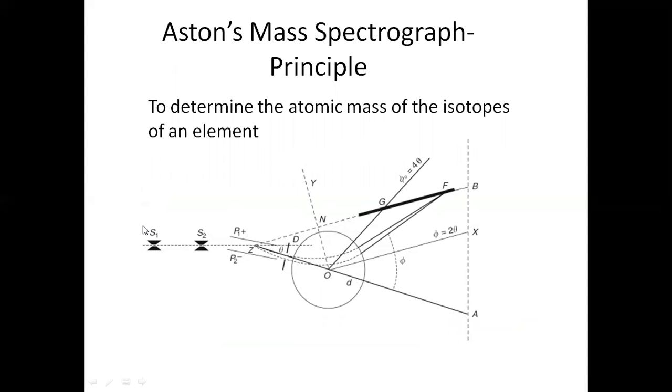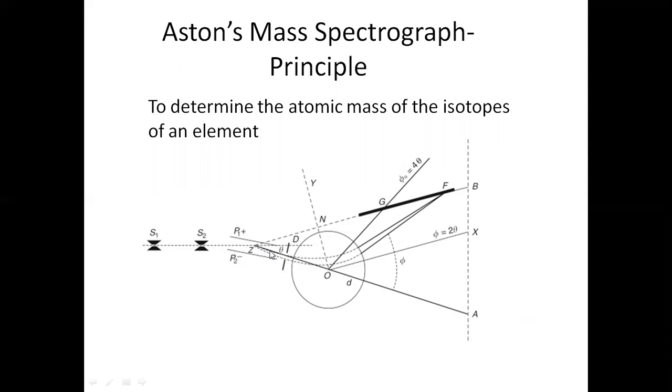You can see the diagram of Aston Mass Spectrograph here. These are the two slits through which the positive rays are allowed to move, and they pass through these two plates, that is P1 and P2.